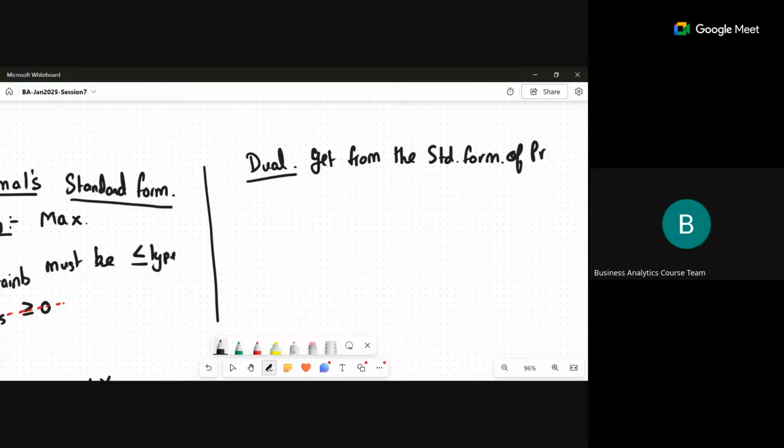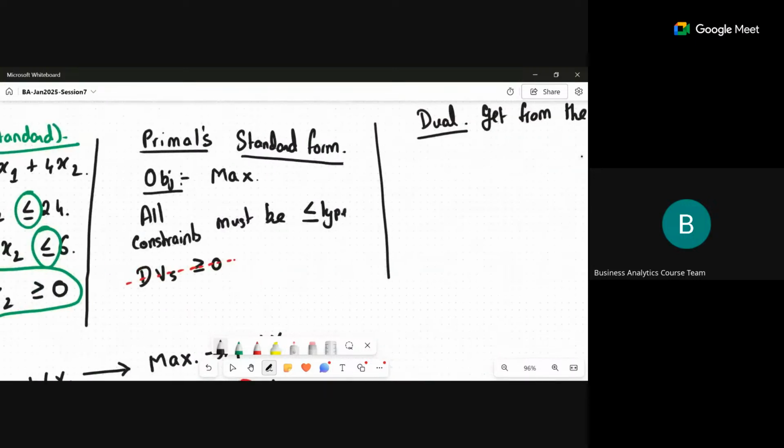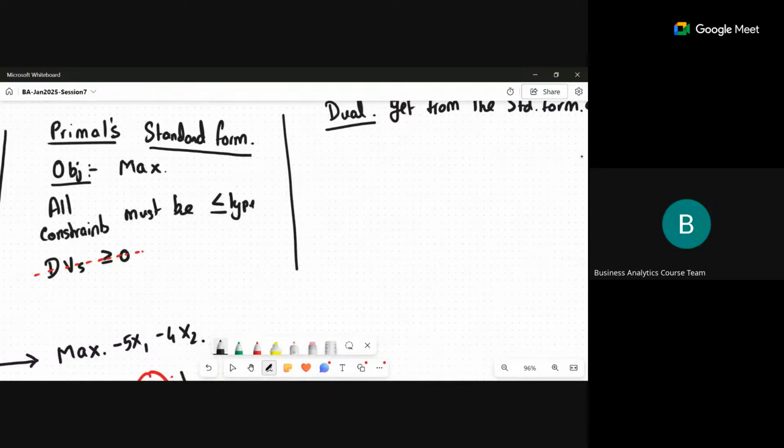Okay? Because when you do this, it's a very simple conversion. Where if the objective function was a maximization, in the dual, the objective function will be a minimization. If your constraints are of the less than or equal to type, in the dual, they will be of the greater than or equal to type.